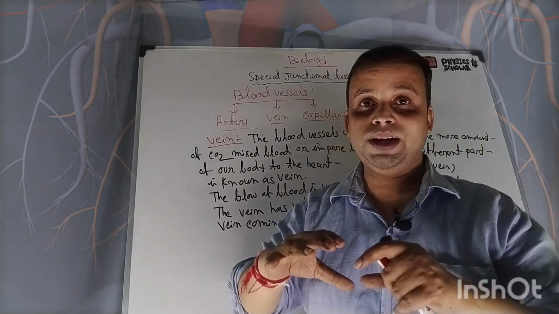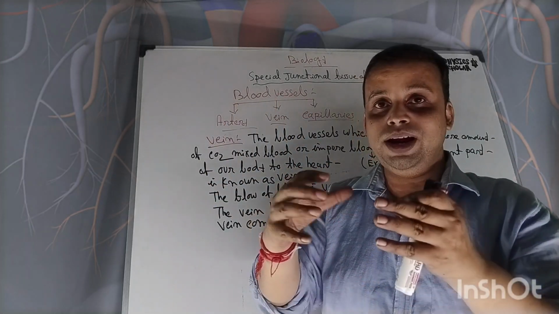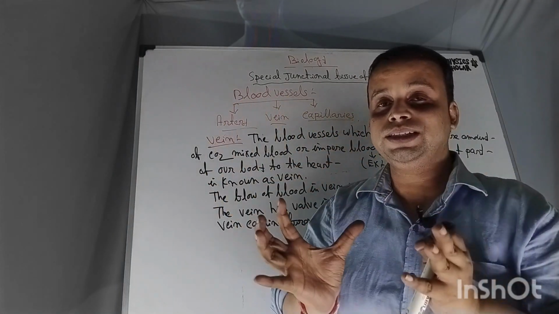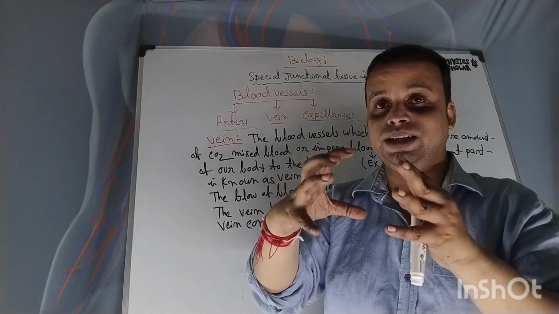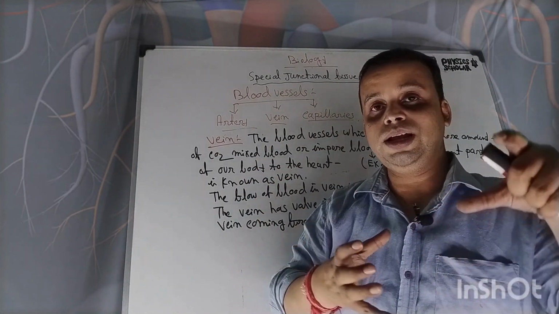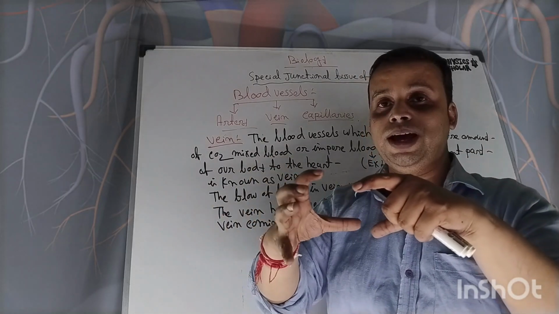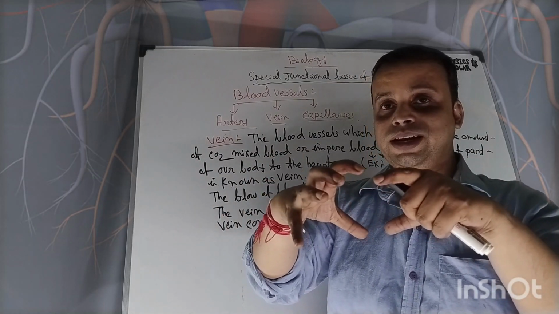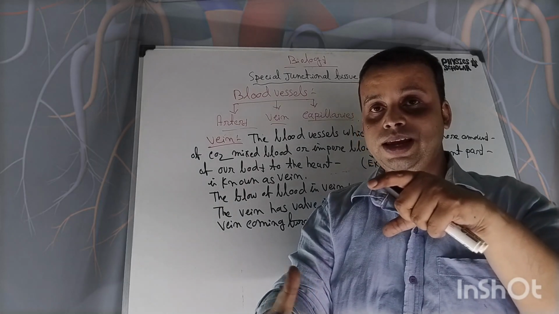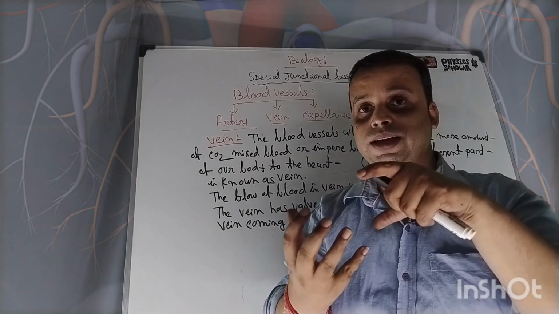Capillary is nothing but a net-like structure where the artery and veins branch. Clear? So it is the junction of the artery and vein, where they branch. The pure blood carries the oxygen, and oxygen will enter the cell, and carbon dioxide will enter the blood.